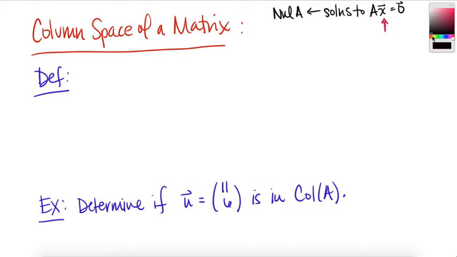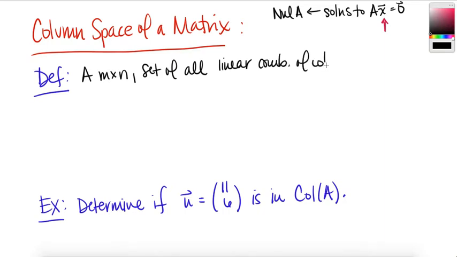All right. Now the column space, if A is an m by n matrix, it's the set of all linear combinations of the columns of A. And let's pretend we're in class for a minute.